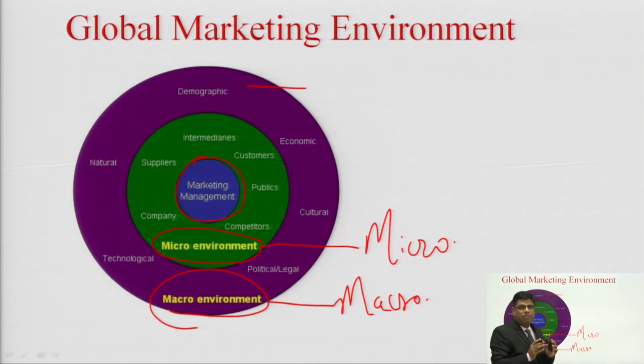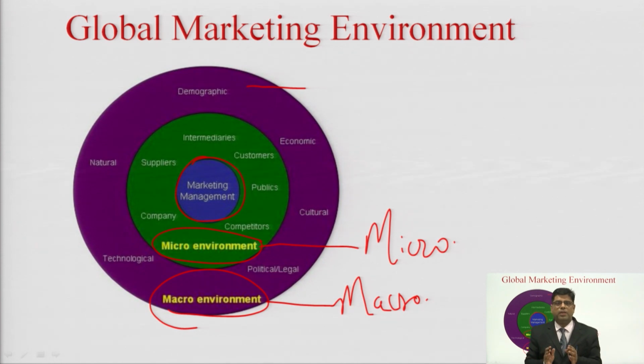The micro environment and the macro environment are different from each other in that the micro environment is by and large controllable and has a limited scope, whereas the macro environment is by and large uncontrollable and has a larger expanse.